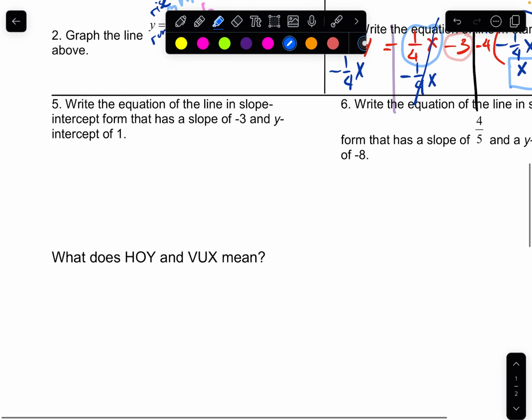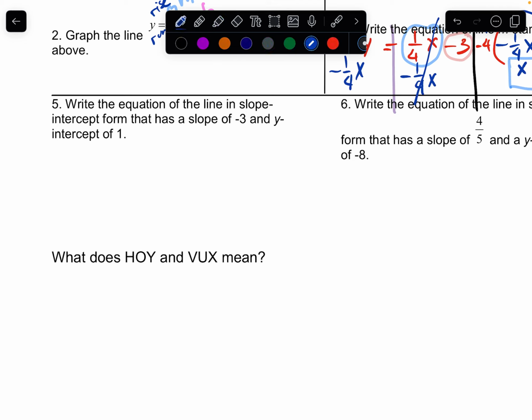All right, let's move on. Number 5. So let's write the equation of the line in slope-intercept form that has a slope of negative 3 and a y-intercept of 1. So let's highlight these. Slope of negative 3, m is equal to negative 3, and y-intercept of 1, that's b, is equal to 1.